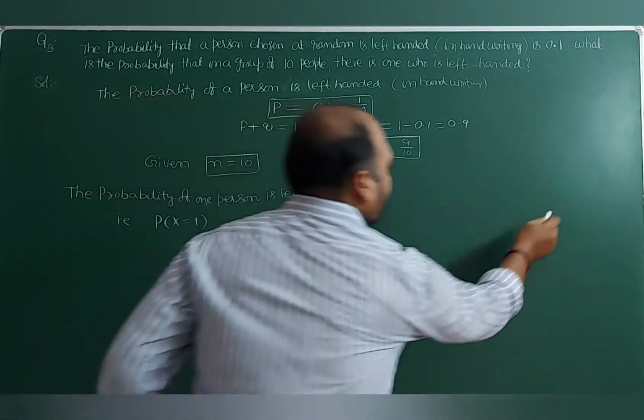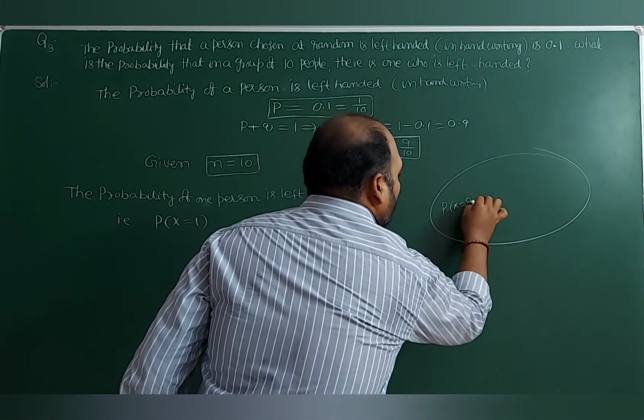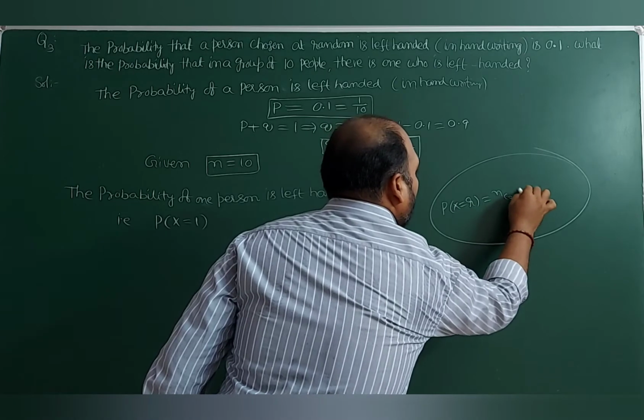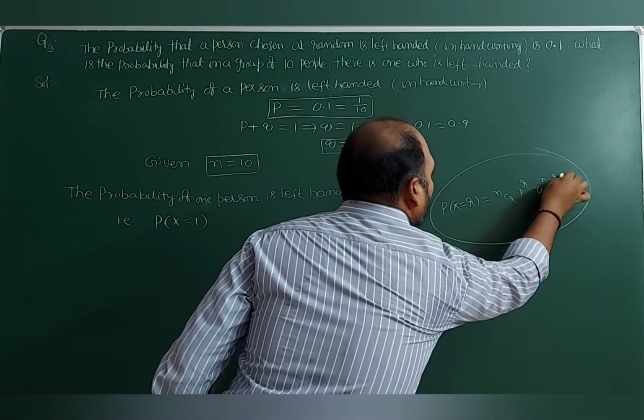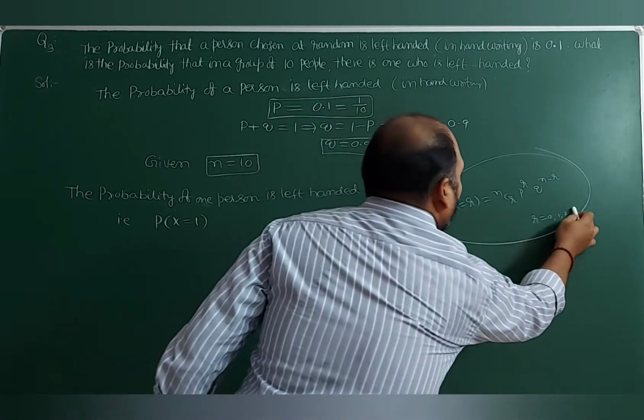So once again I am writing the probability distribution function: P of x is equal to R, nCR, P power R, Q power n minus R, where R is equal to 0, 1, 2, 3 and so on till n.